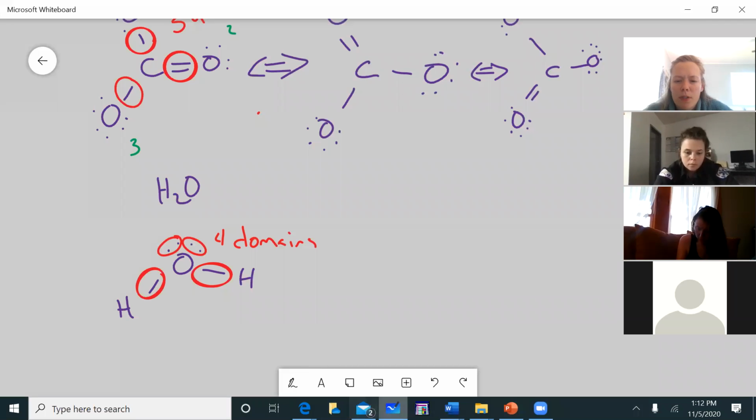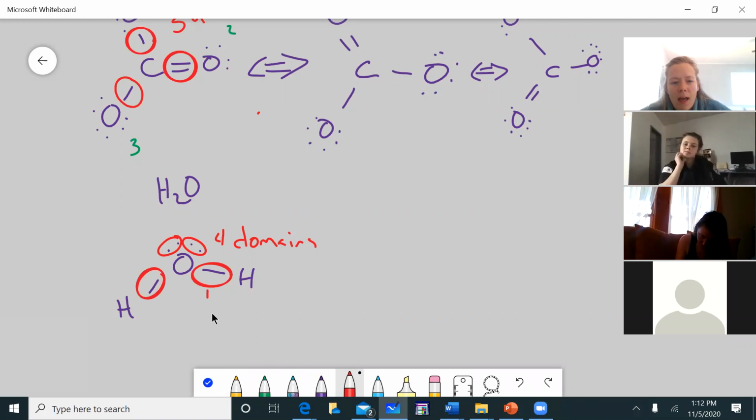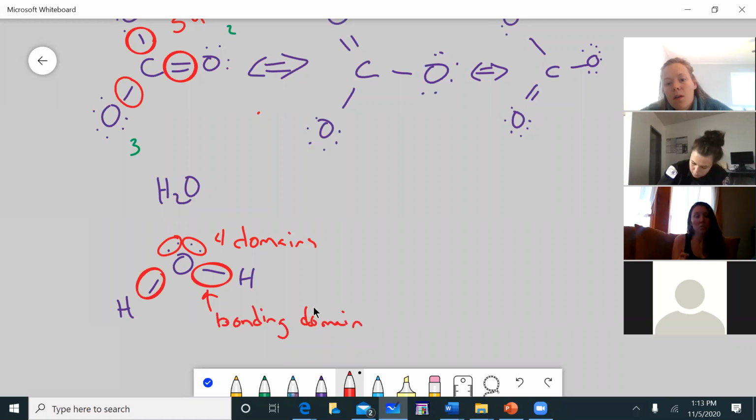Okay, so hopefully we're good with domains. Now let's see how we would classify each of these domains. I would call this a bonding pair or a bonding domain, because it's a domain that includes a connection or a bridge.